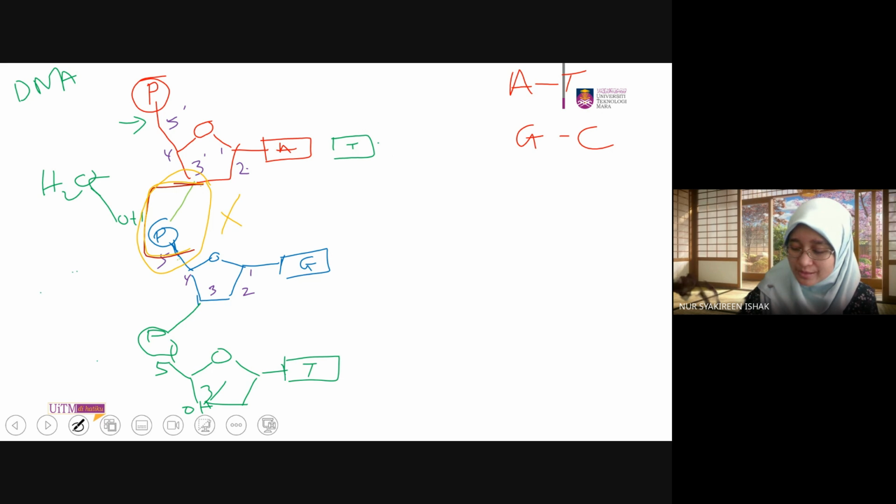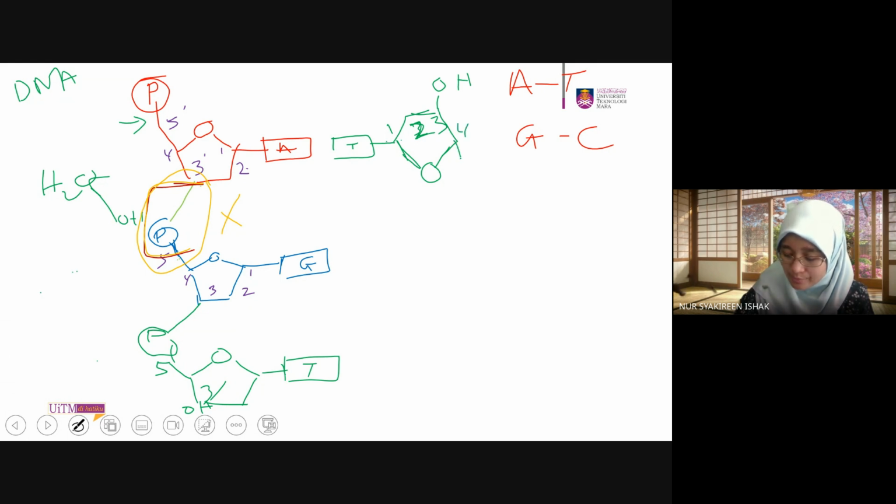The sugar is facing this way. Like that. So this is carbon number 1, number 2, number 3, which has the OH. This is carbon number 3. Number 4, and number 5 is bonded to its phosphate group.